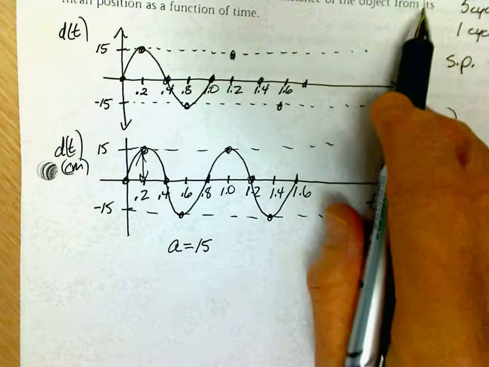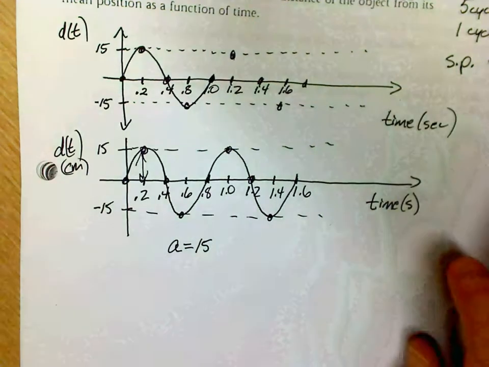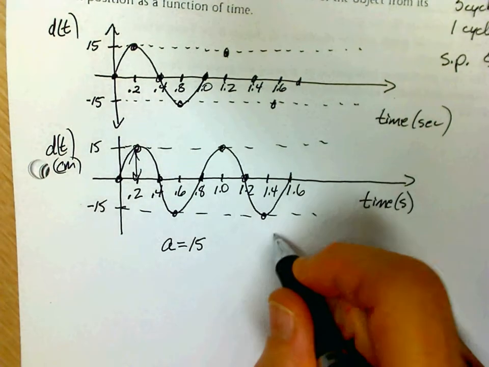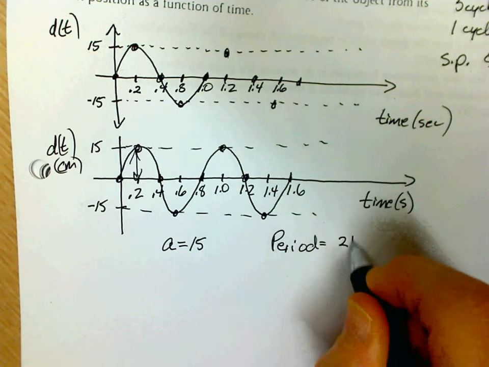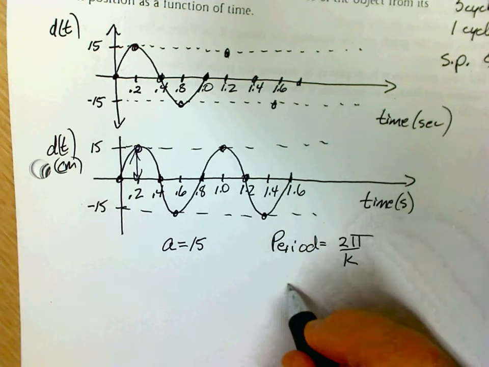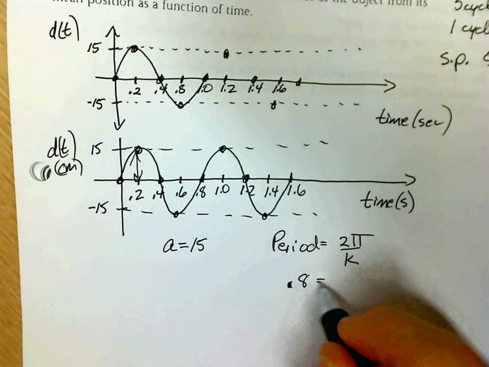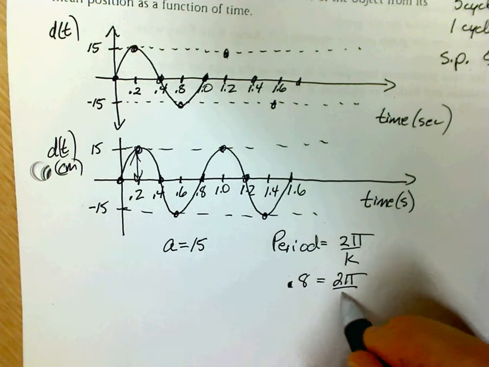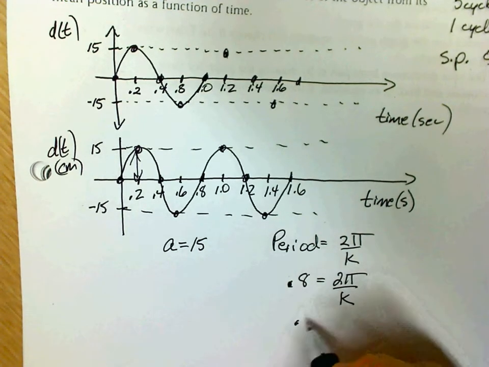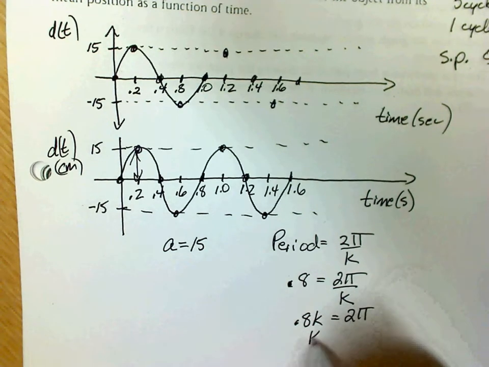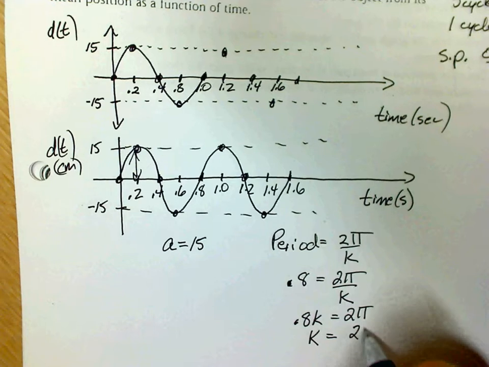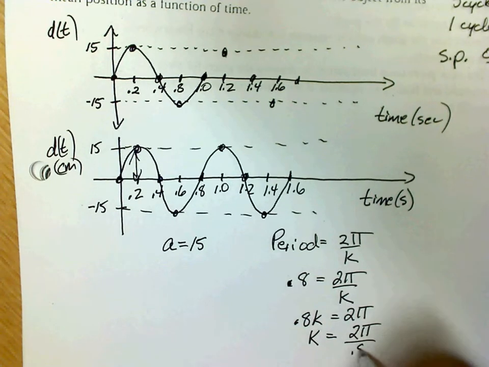So period is equal to 2 pi over k. 0.8 equals 2 pi over k. 0.8k equals 2 pi. K equals 2 pi over 0.8. Let's see, you can't have a decimal in a fraction.